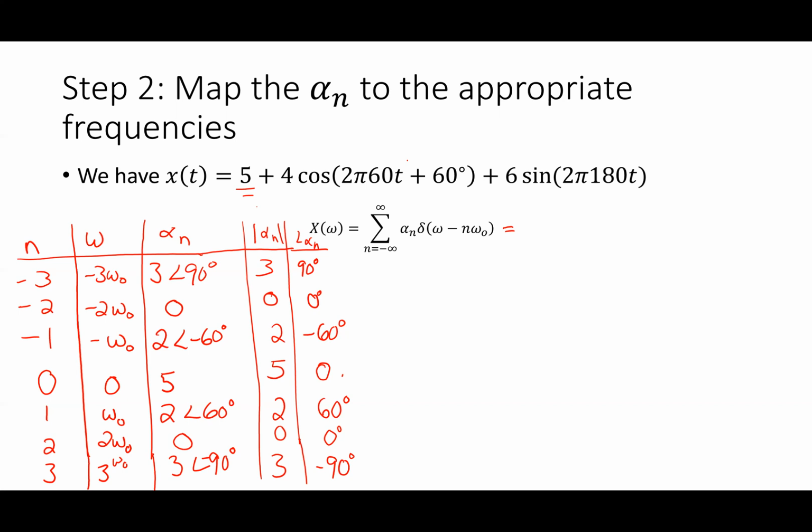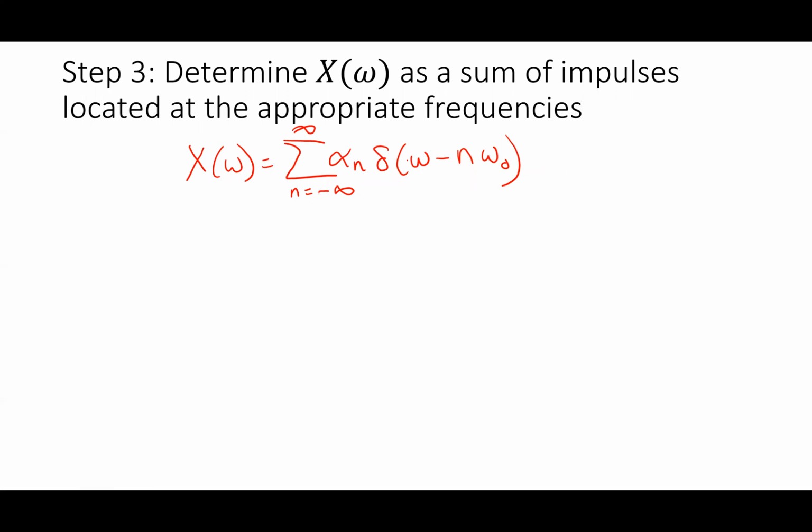So where are there going to be impulses? Basically n equals 0, plus minus 1, and plus minus 3.